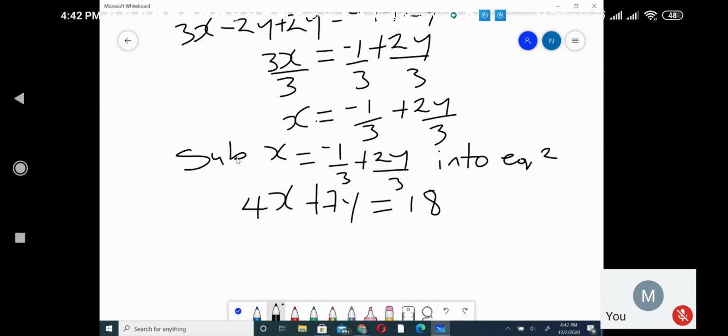So that will give us, tell me what to write, please. 4, open bracket, close bracket equals, is it?